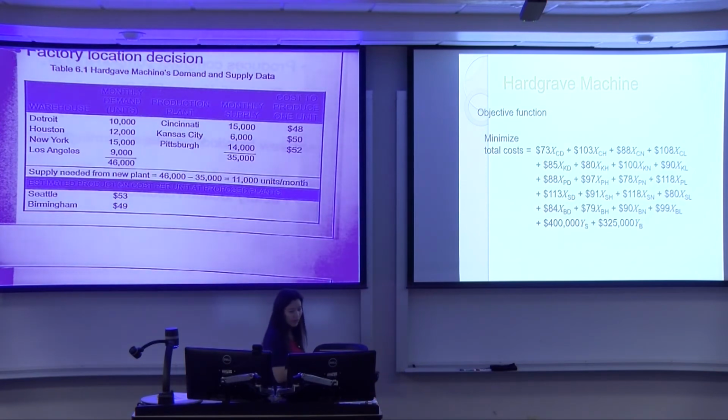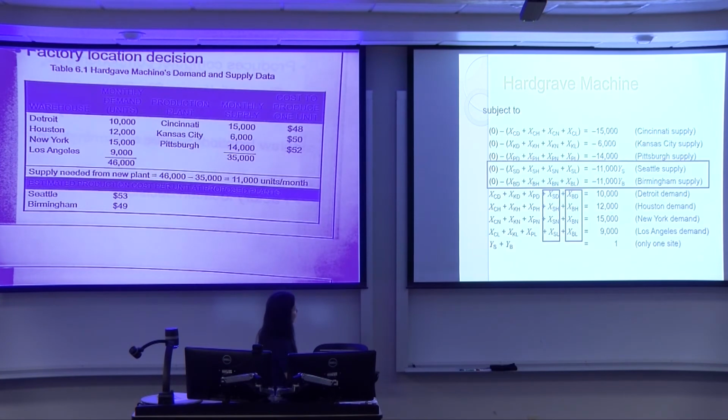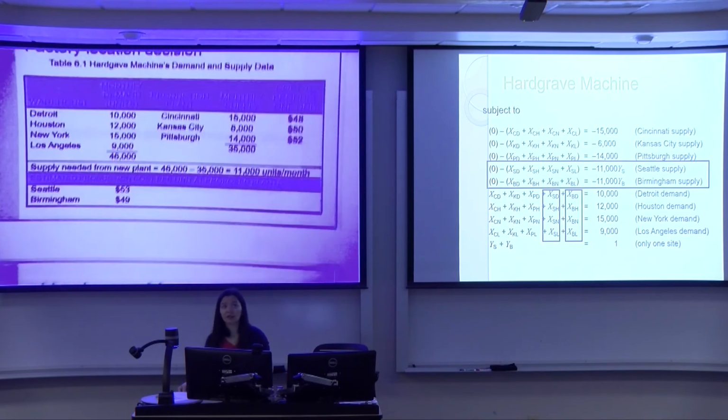Then we have the regular constraints, right? For each supply node, you have, what is this again? What is 0? Inflow, right? Let's look at this graph.